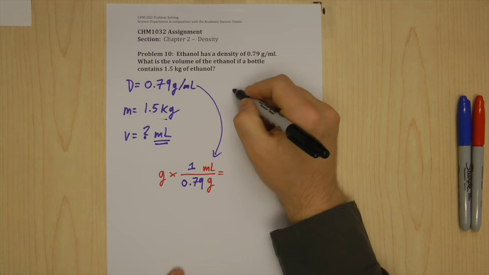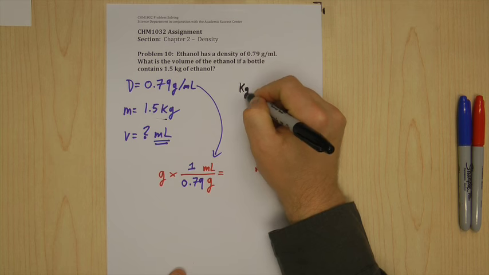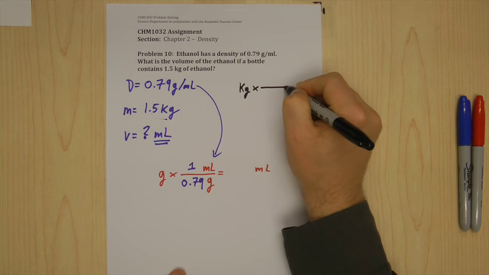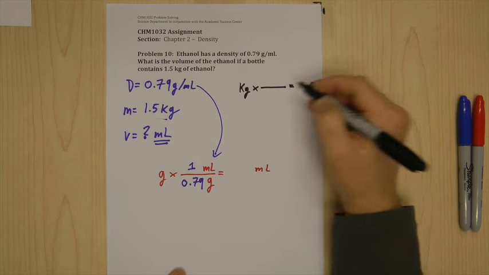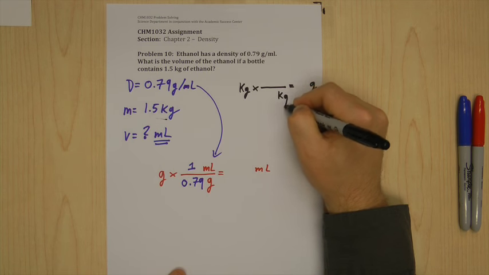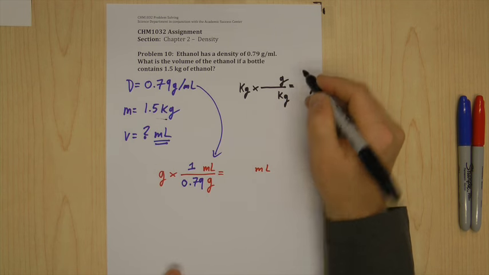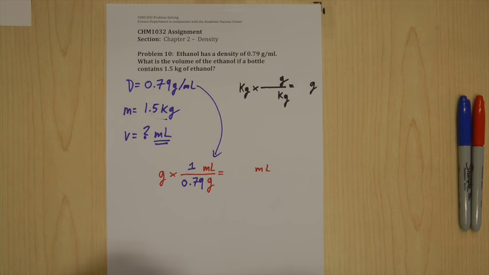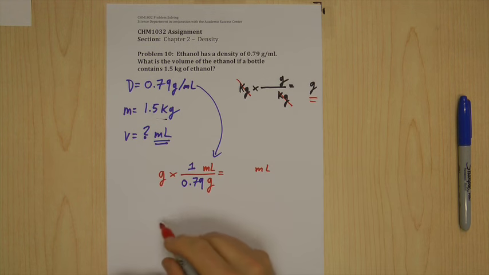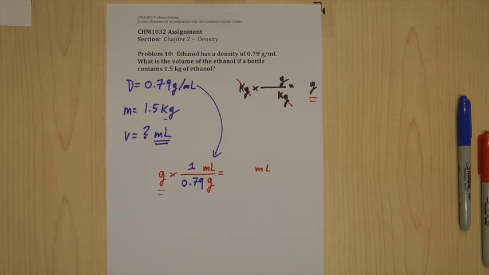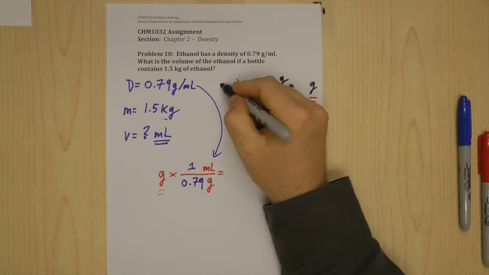Kilograms multiplied by something will give me grams. Kilograms on the bottom, grams on the top. That way, my kilograms will go away, leaving me in the unit I need for over here. So it's just a quick little conversion before we solve the problem.